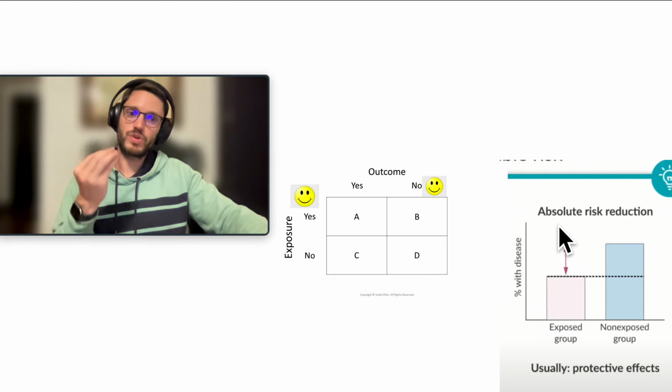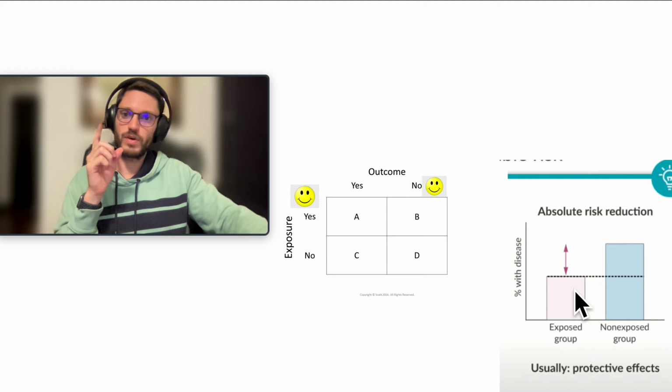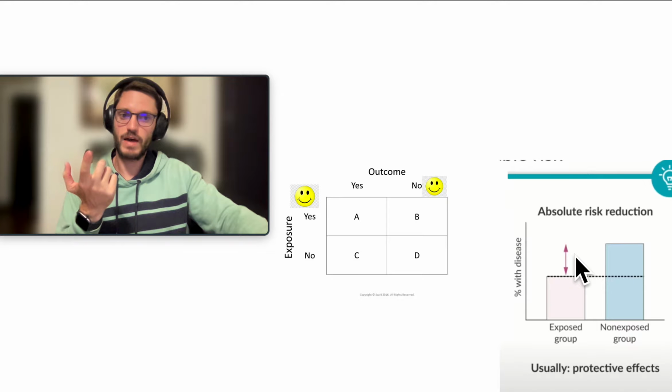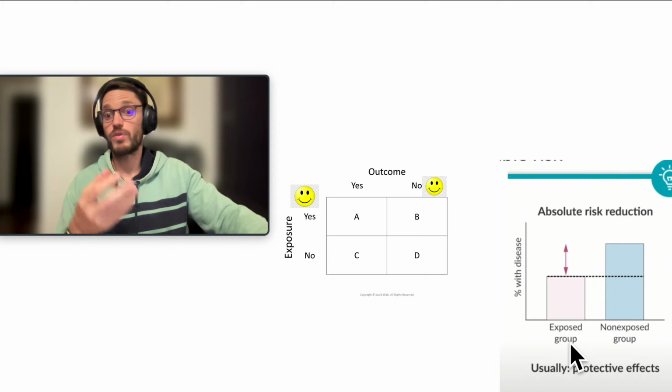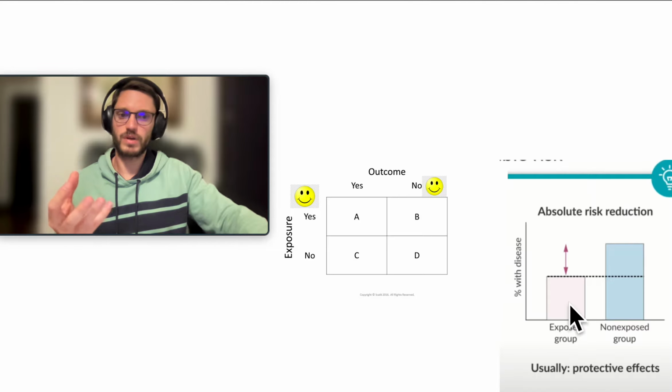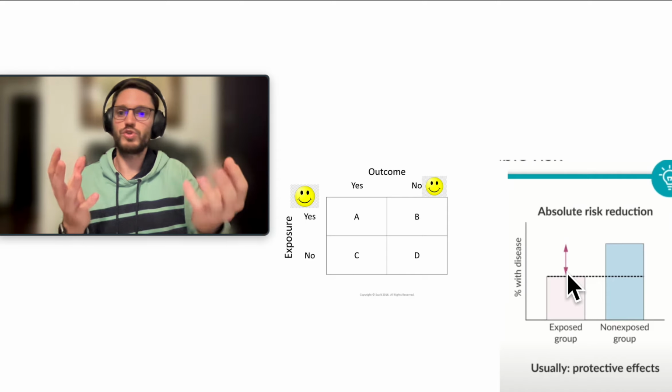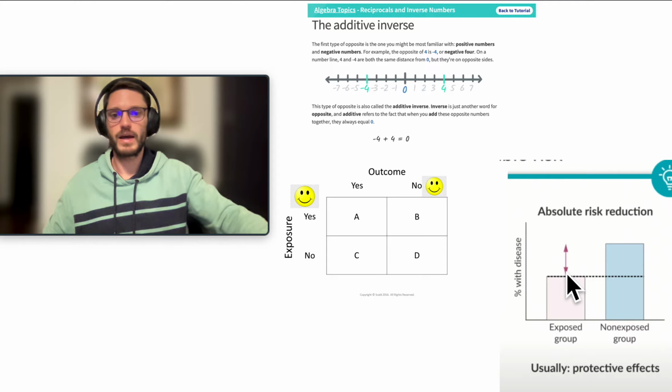In attributable risk, you expect the exposed group to have a higher incidence than the non-exposed. But since here we're talking about a protective factor, which would be the treatment, the non-exposed or placebo group will have the outcome more often than those who are improving or reducing the outcome. That is why you just have to swap the formula, and if you don't swap the formula, it will give you a negative answer.